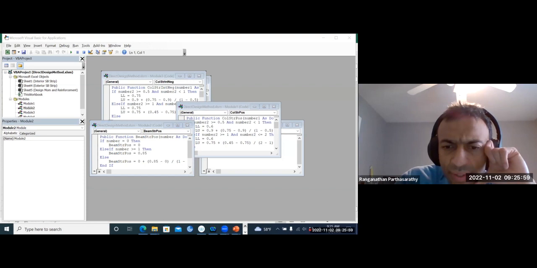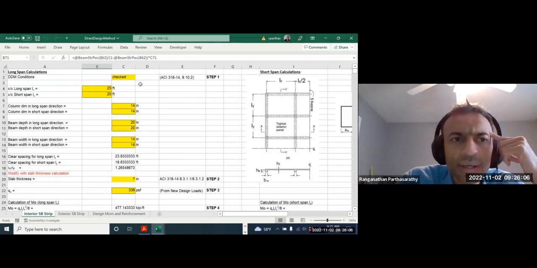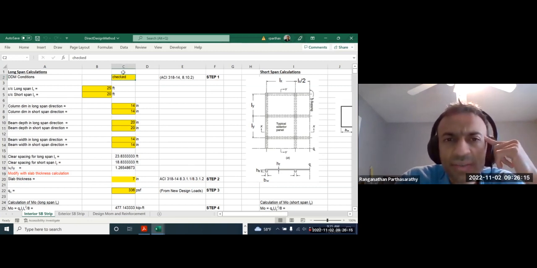So let's run through what we did here. First step, we check all of the clauses, whether we are satisfying the direct design method. Then yes, checked. In this example, the long span is 25 feet, the short span is 20 feet.